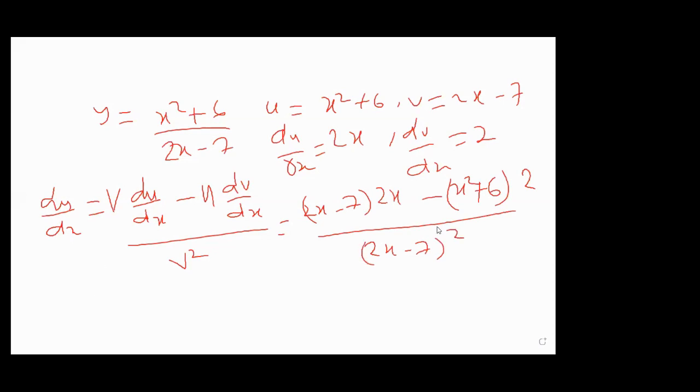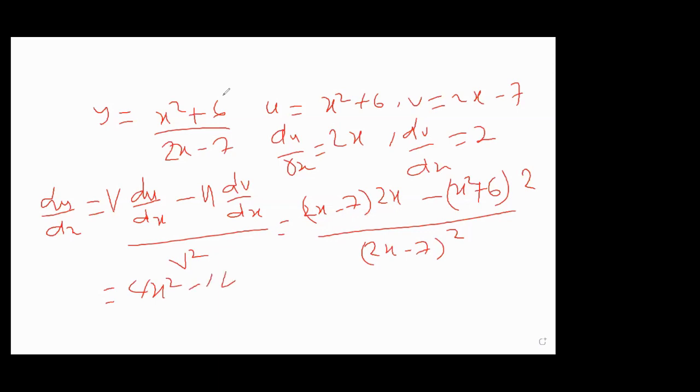Then what you need to do here is multiply out. That means dy dx will give you 8x squared minus 28x if you multiply this times this and this times this.